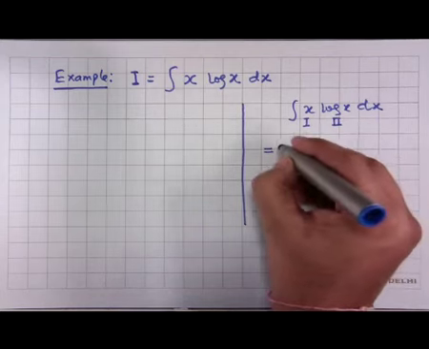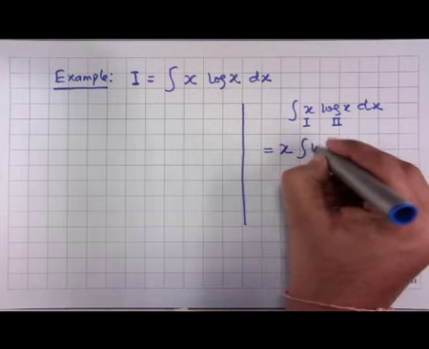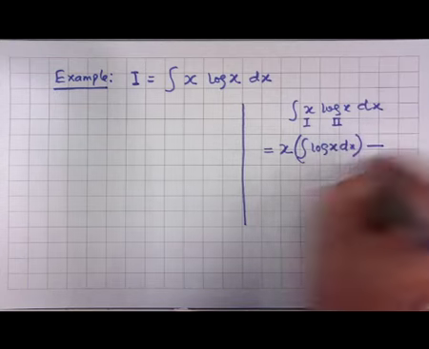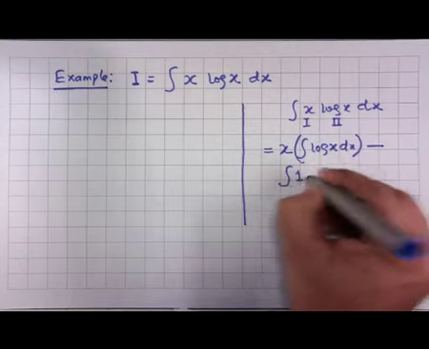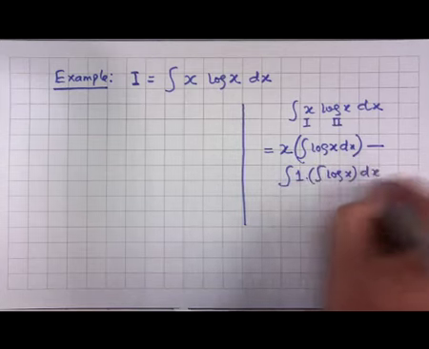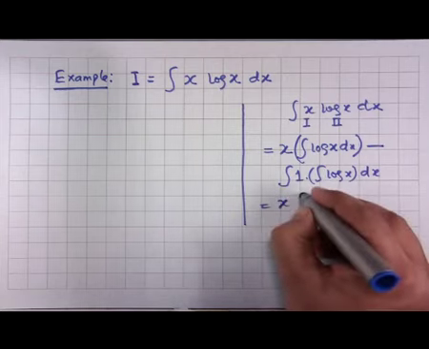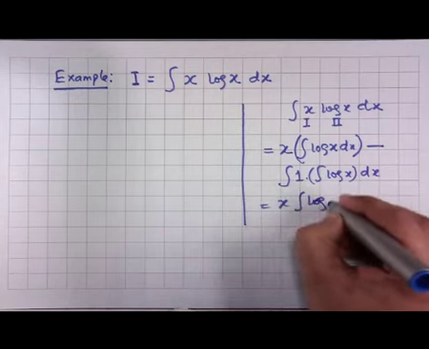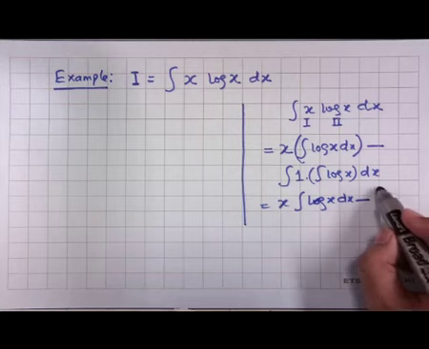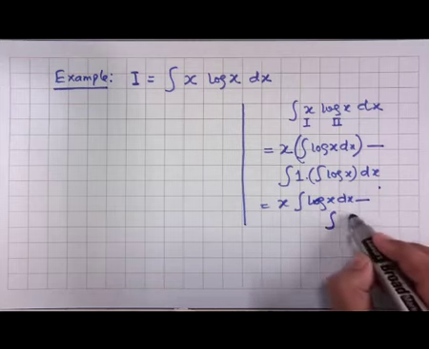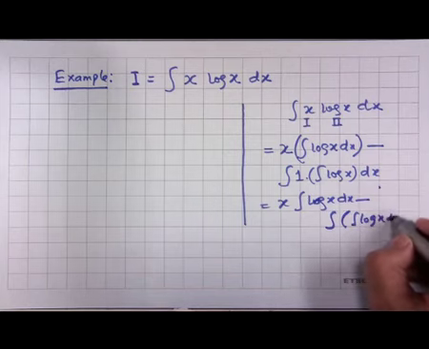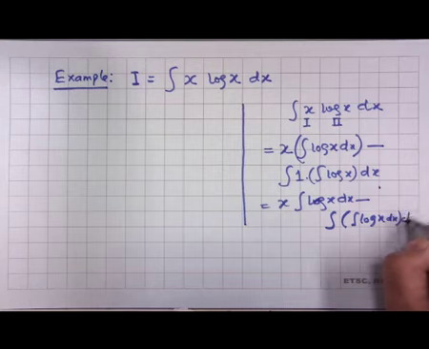So, this will go to the first function, integration of second function, minus integration of differentiation of the first function, integration of second function dx. So, this ultimately becomes x integration of log x dx minus integration of the derivative of x times integration of log x dx.